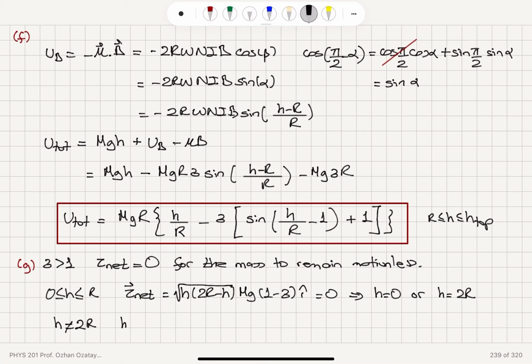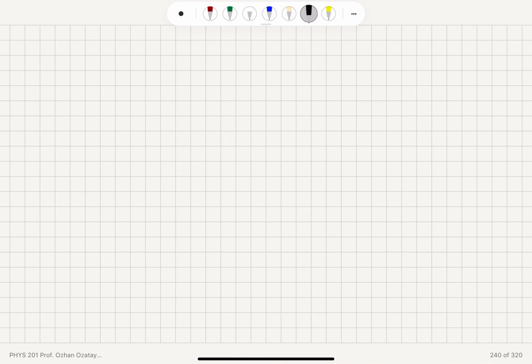So h is equal to 0 is a solution, because this torque is valid for h between 0 and r, so h cannot be equal to 2r. What about h between r and h top?